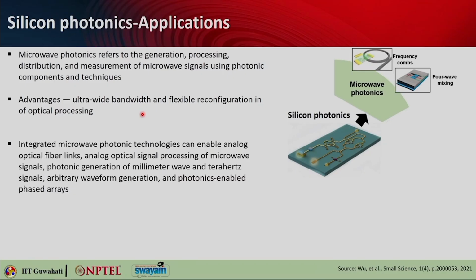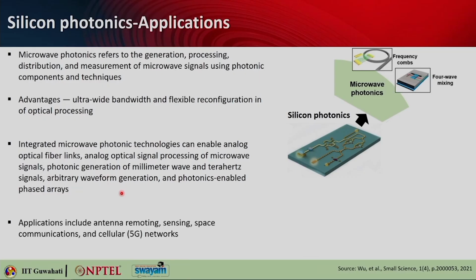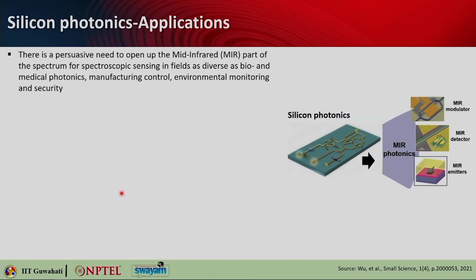So integrated microwave photonic technologies can enable analog optical fiber links, analog optical signal processing of microwave signals, photonic generation of millimeter wave and terahertz signals, arbitrary waveform generation and photonics-enabled phased arrays. So all these new devices are possible. The applications will include antennas, remote sensing, space communication and cellular 5G networks.